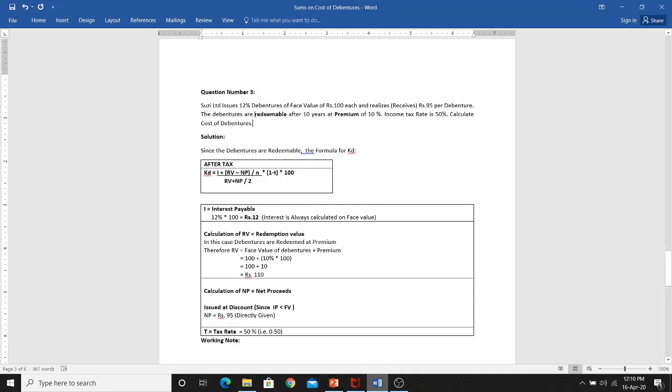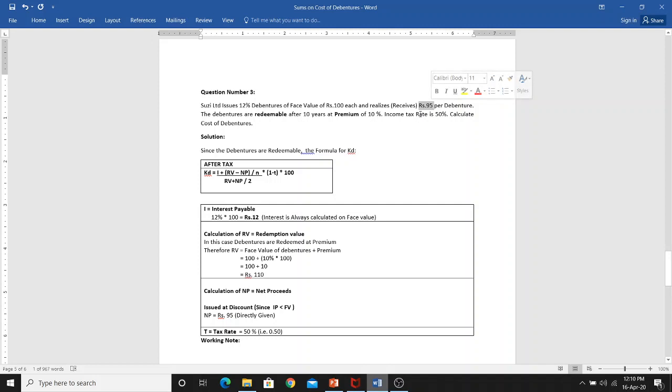First thing, it is a redeemable debenture, so the formula will be different. Here the tax rate is given, therefore we will assume it to be post-tax. Now what we have to check is the face value of the debentures was 100, but when we received the value against it, we received 95. So is the debenture issued at par, premium, or discount?